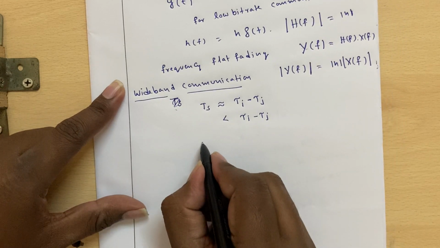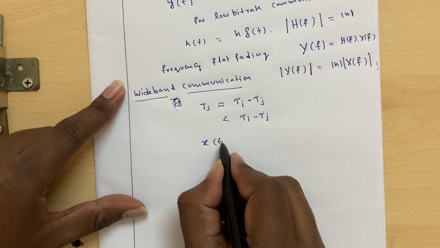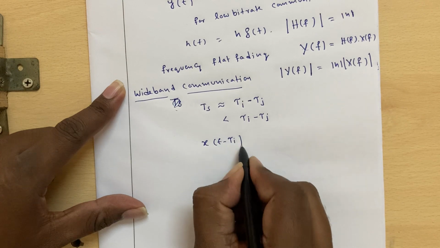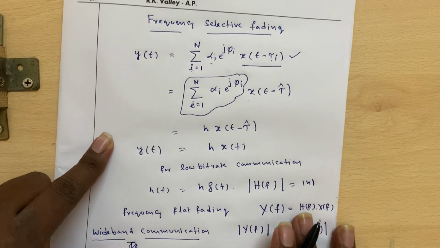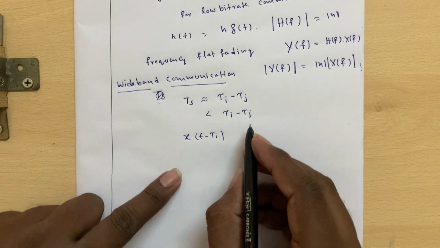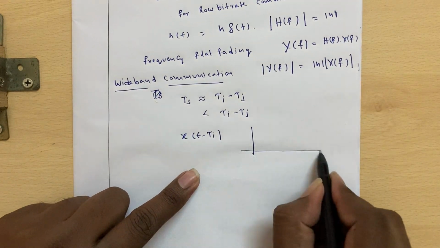Then the term x of t minus tau i present in that equation, if I plot it for various values of i, will look like this.